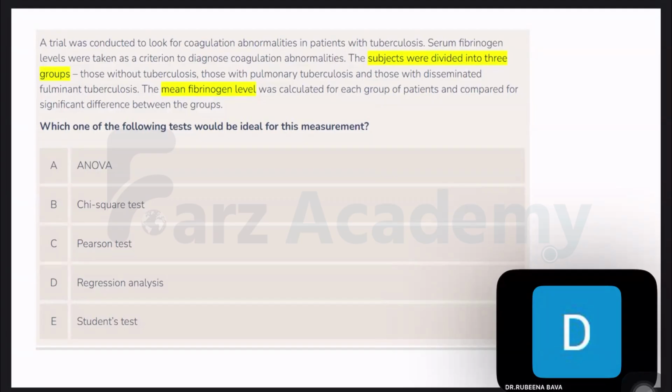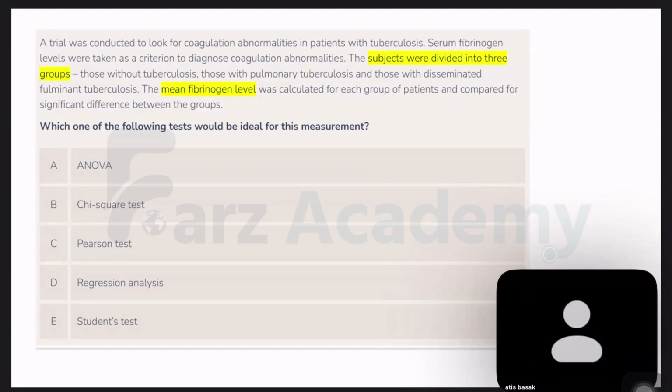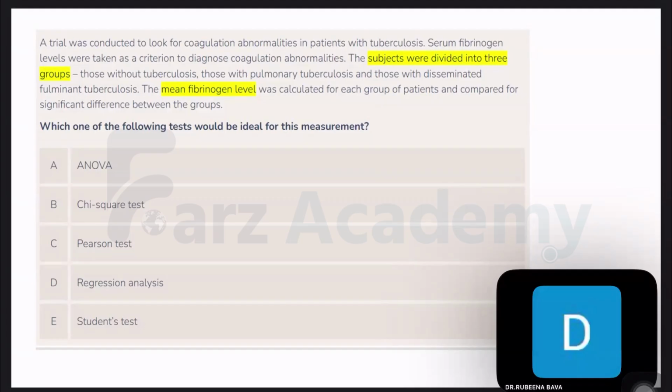Student is for parametric. ANOVA, very good. So chi-square is non-parametric. One more important thing, chi-square is for percentages or proportions, right? Pearson is correlation. The parametric test called regression analysis is a totally different thing, positive, negative correlation, right? Again, that is also a correlation.